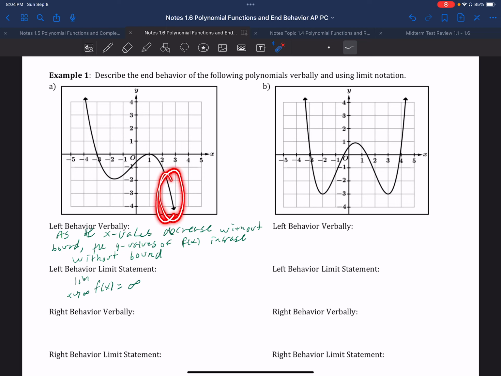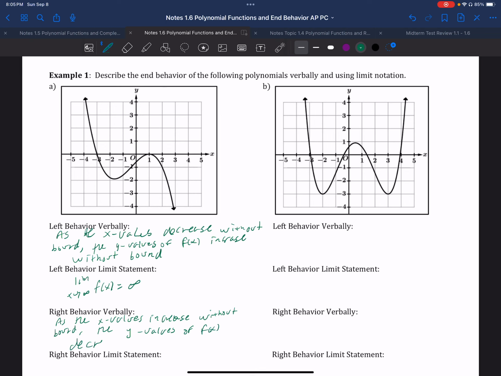Now let's look at the right side. As we look at the right side, we notice that again I have an arrow pointing to the right, but it's also pointing down. The right part will be the x values. So as the x values increase this time without bound, the y values of f of x decrease without bound.